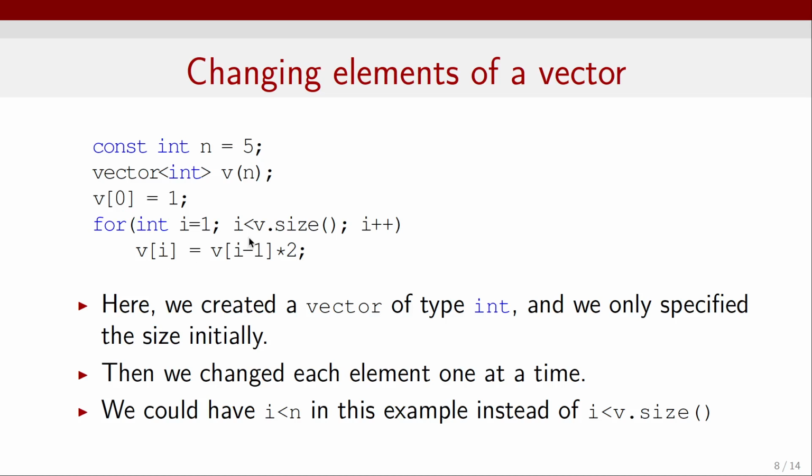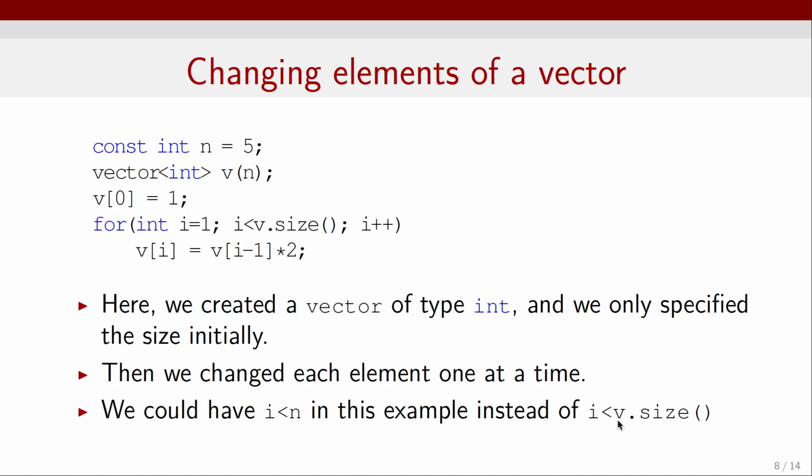Now we could have I lower than n here in this example instead of I lower than v dot size. That would do the same thing. So n equals 5, and I used n here to define the vector. So if I use v dot size, it will still be equal to n.